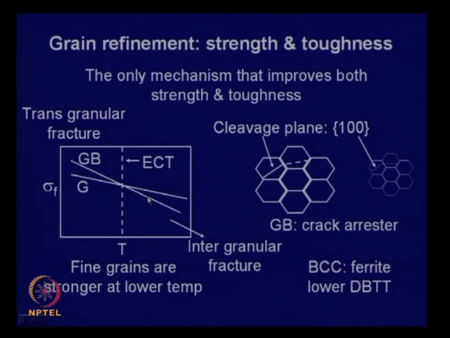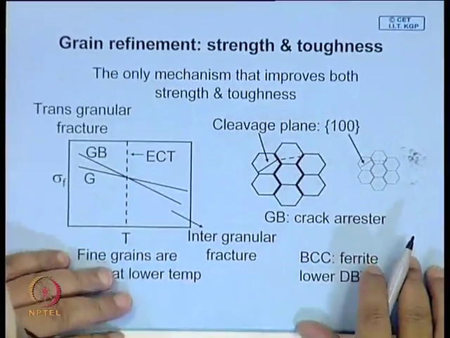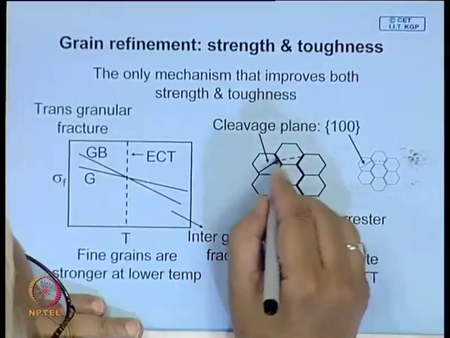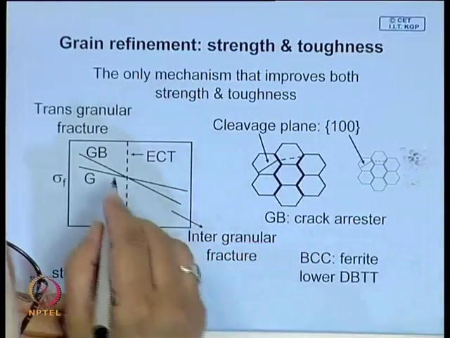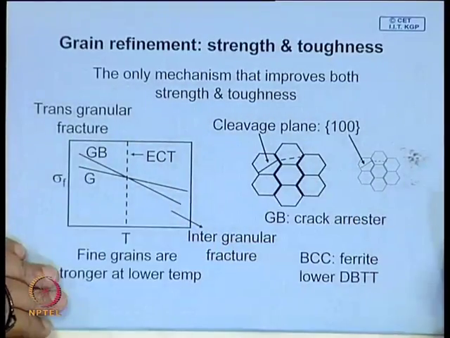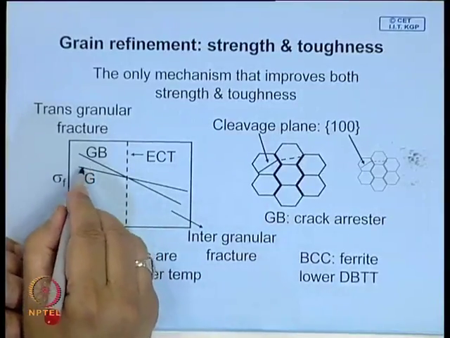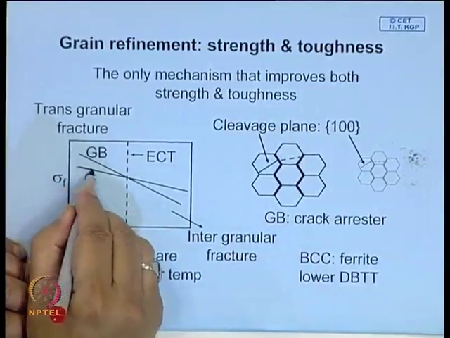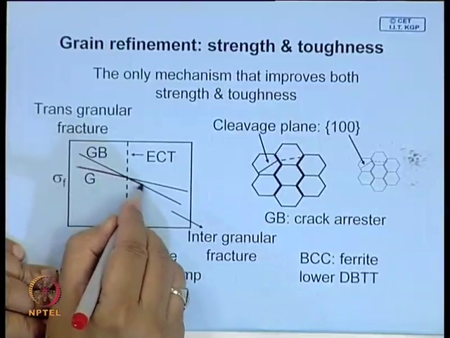So, at normal temperature we will have a transgranular fracture. Let us look at the sheet here. These are the different grains, and the strength of the polycrystalline material follows the lower bound.